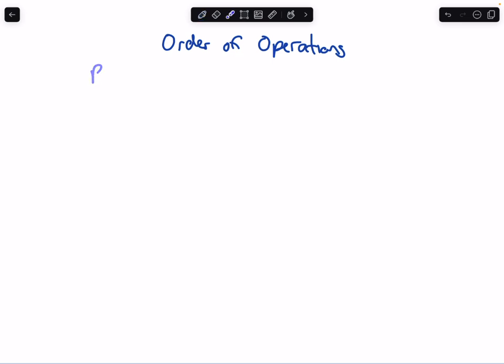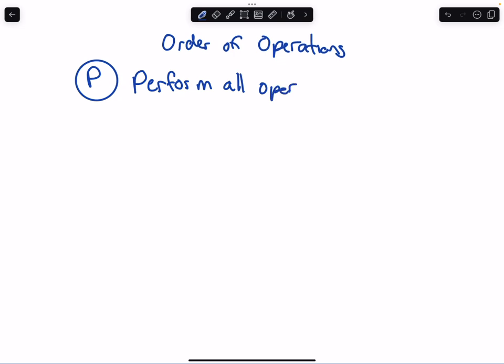So the first thing that you'll do is P, and that is to perform all operations within grouping symbols.